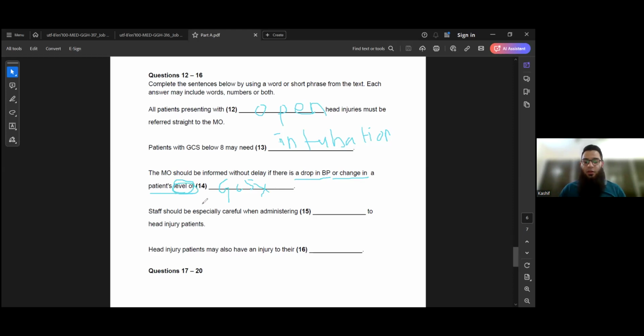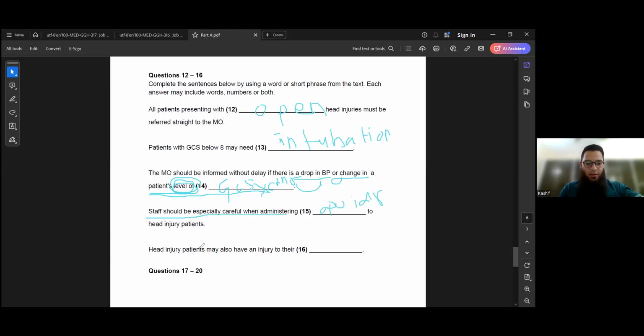If it was GCS, it would have been written change in patient's dash. It would not be written as level of consciousness. Consciousness is the right answer there. They are talking about GCS, but they have written it in a tricky manner just to confuse you. Now staff should especially be careful when administering what?